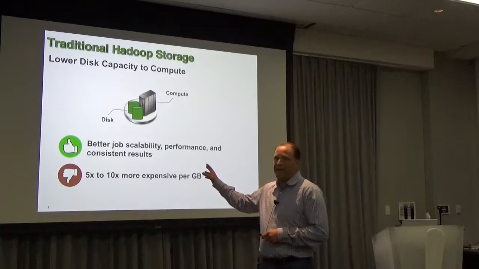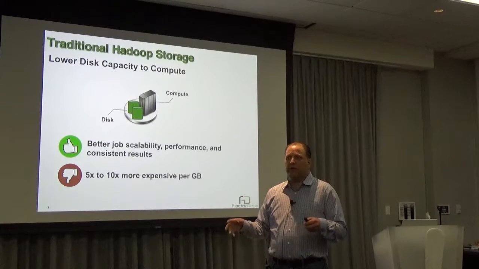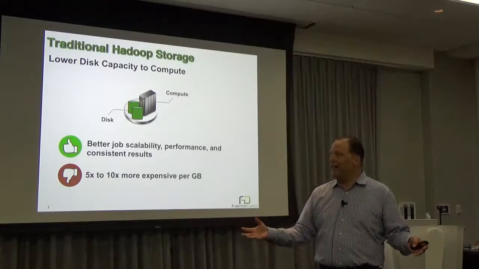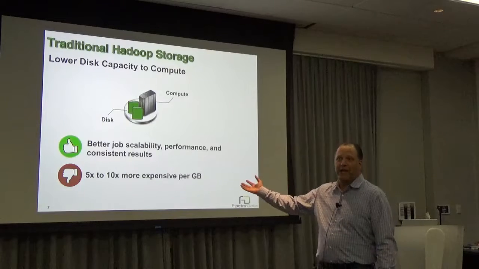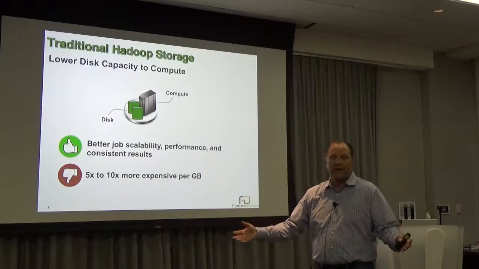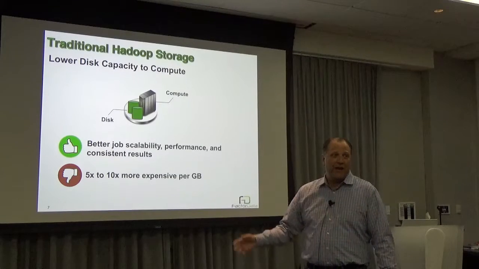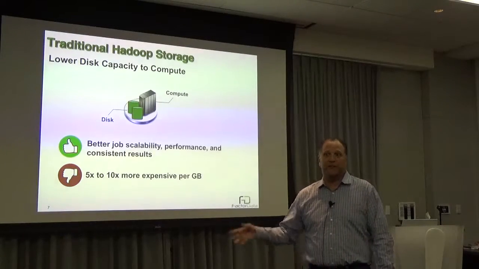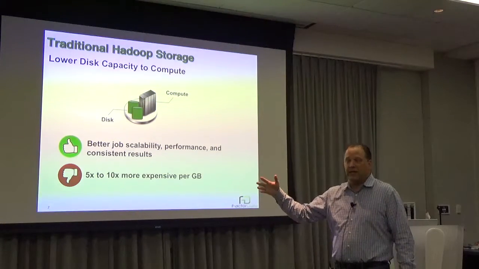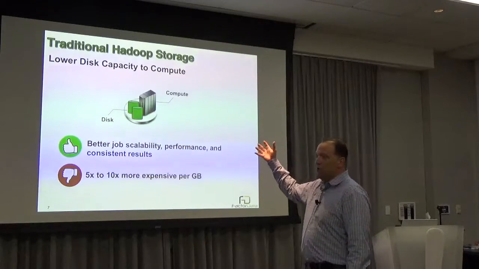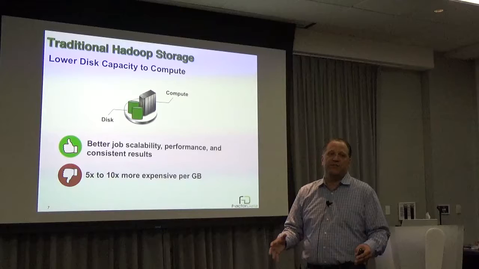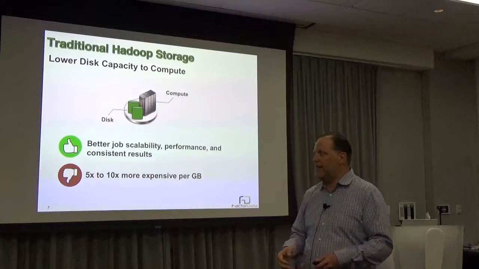The problem with taking this approach is that if you look at the overall price of the capacity of your Hadoop cluster, especially as you scale out, you're paying a lot per gigabyte. You're paying 5x to 10x is what we saw in this particular customer, and we have now several customer installs, and we're seeing the same type of results. The storage is quite expensive per gigabyte because you're really scaling on compute and trying not to put too much data on those compute nodes so you get that consistent result.